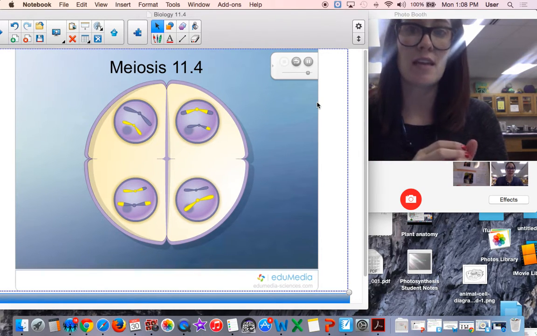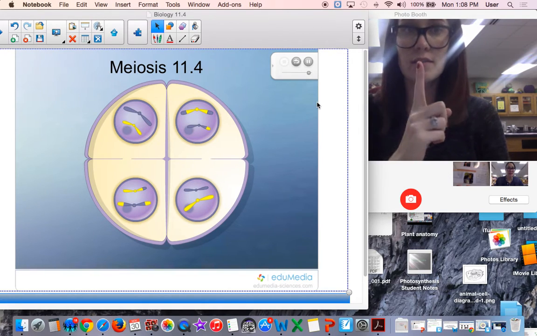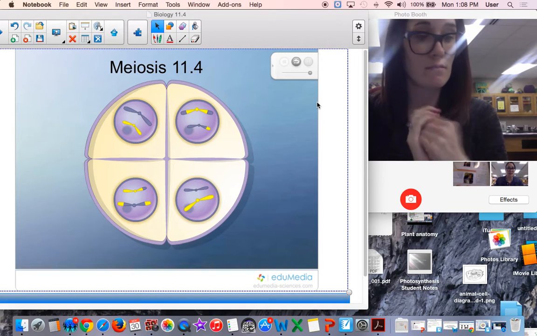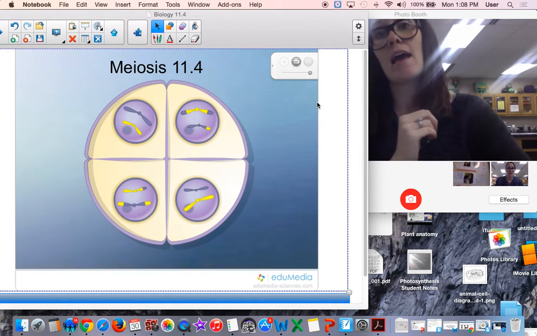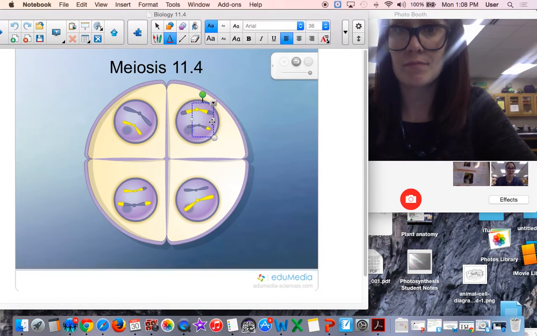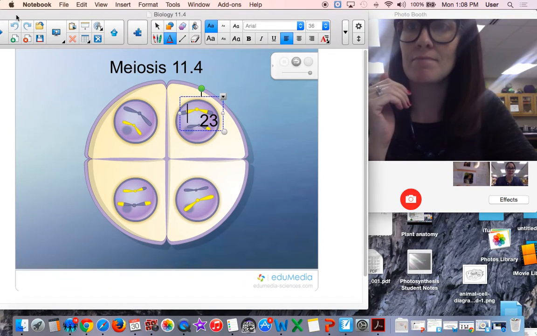We are left at the end of meiosis 1 and 2 with 4 cells that are all genetically different from each other. And inside here, we have 23 chromosomes in each one. And these are the formation of the sex cells.